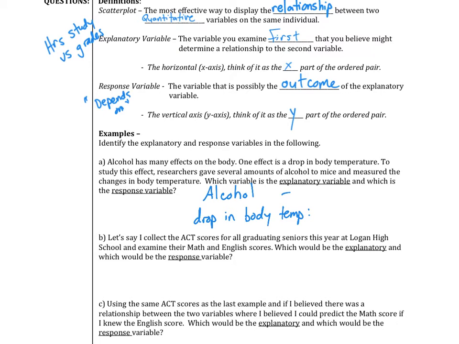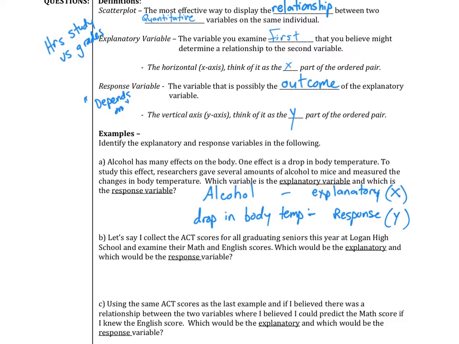In this one, which one is determined by the other? Based on what they're saying, the explanatory variable is the x value, and the response, or the y value, is the drop in body temperature, because the drop in body temperature depends on the alcohol.